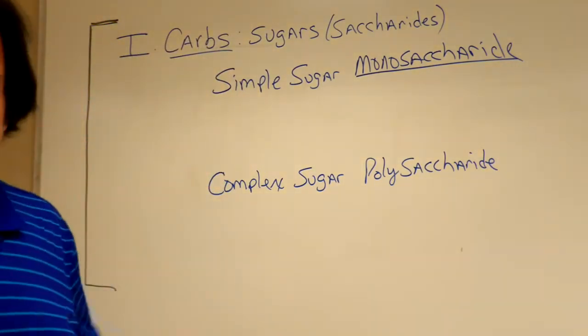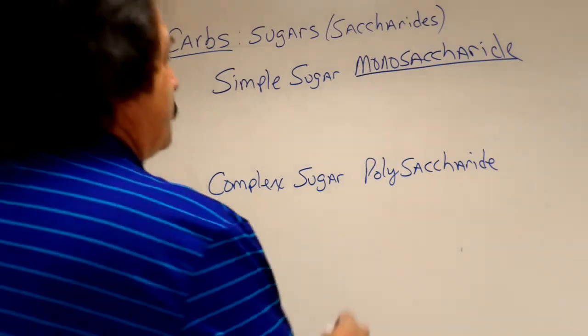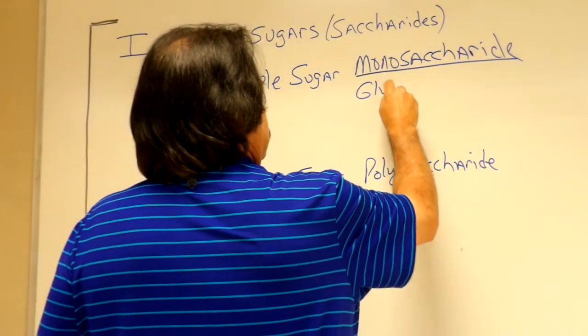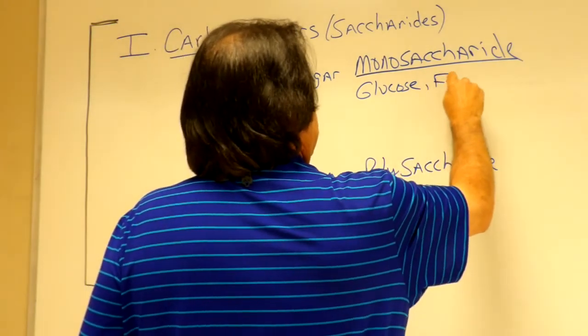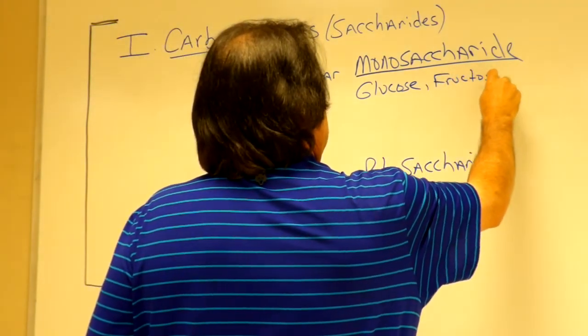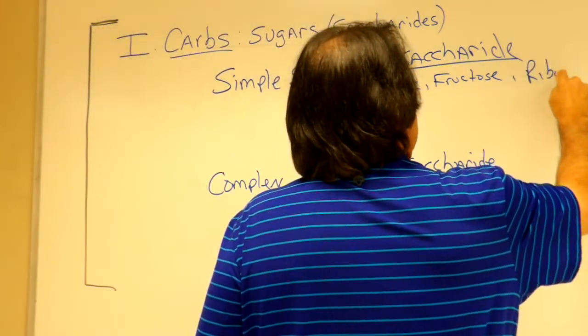So some examples of monosaccharides are glucose, fructose, and one more you're going to need to know is ribose.